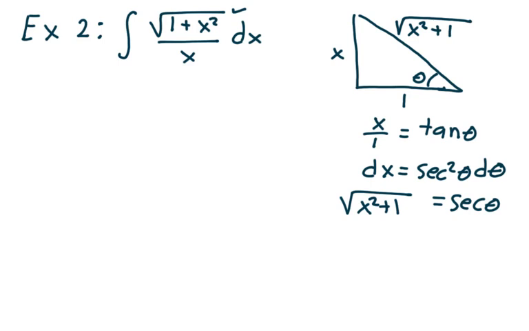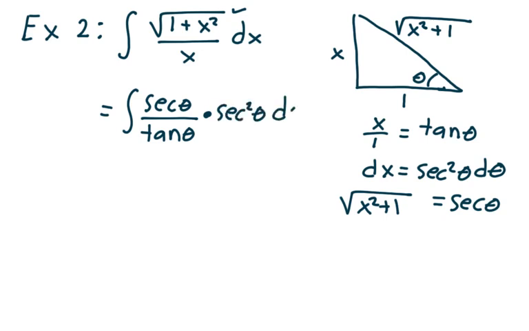I want to transform the integral from x to theta, the whole thing. And so this is the integral of secant theta divided by x, which is tangent theta, times dx, which is secant squared theta d theta.